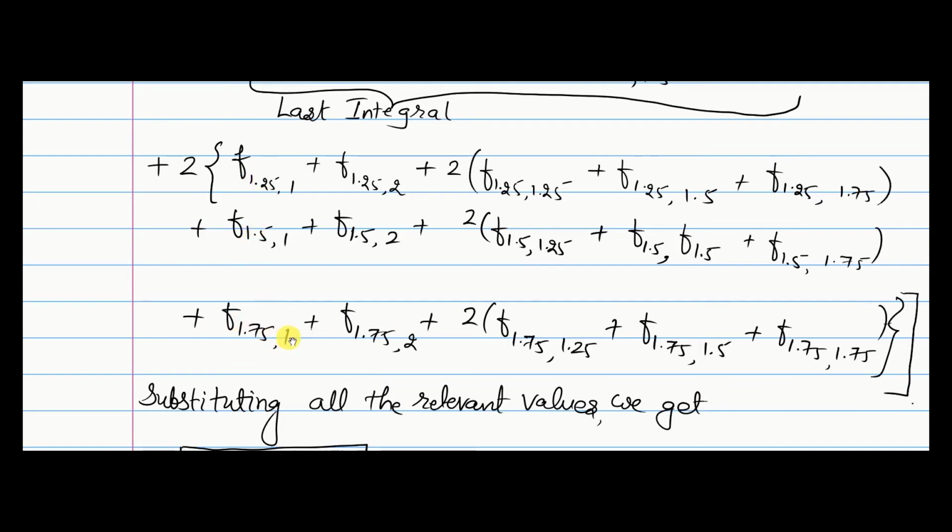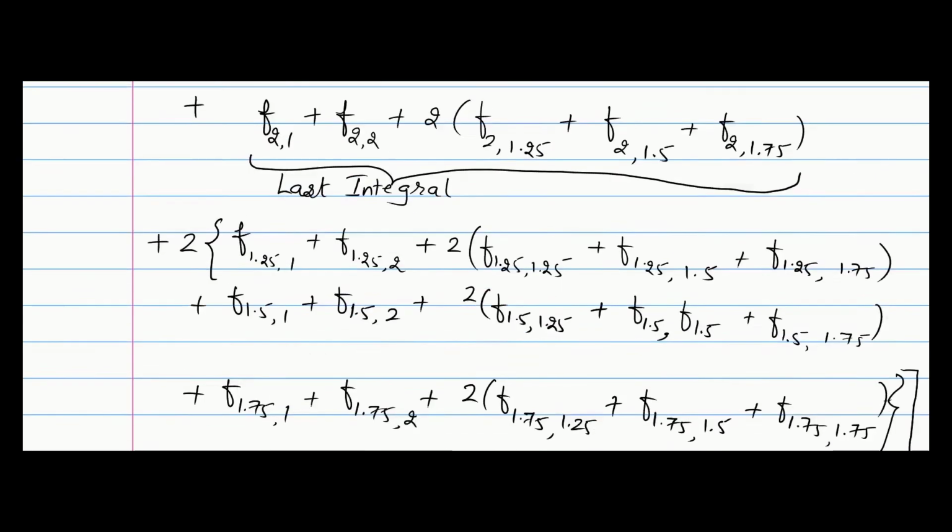So f(1.75, 1) plus f(1.75, 2) plus twice f(1.75, 1.25) plus again 1.75 fixed, f(1.75, 1.5), addition of 0.25 here, and the last entry f(1.75, 1.75). Complete this bracket and the whole curly bracket. So these entries will be twice, and these are the remaining entries for those integrals.